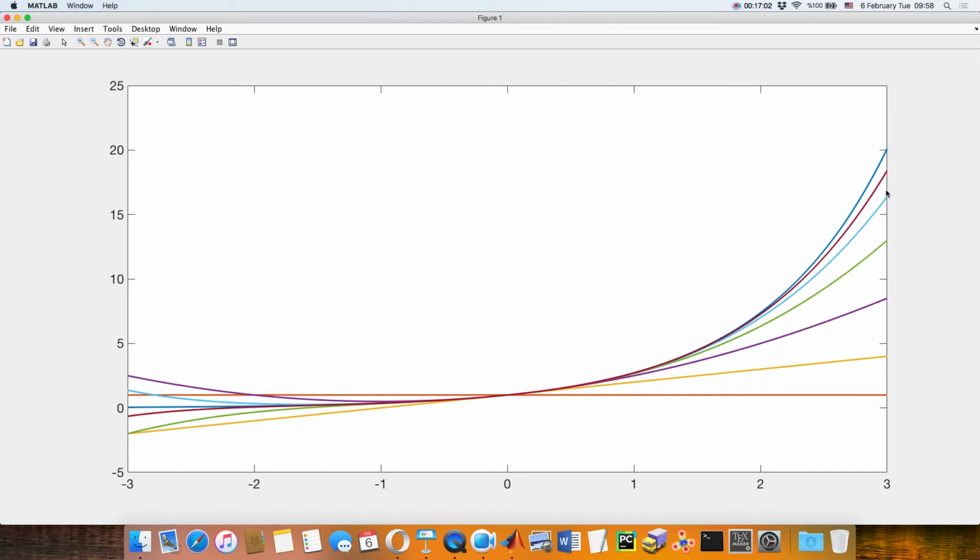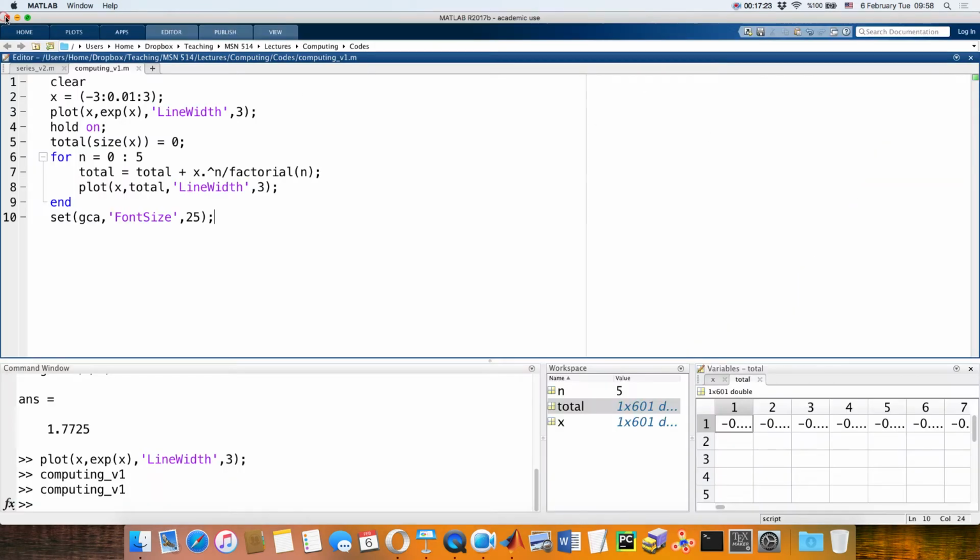Now, it would be awesome if I could write some text here. For example, at least writing 0, 1, 2, 3, 4, 5, and the exponential function. How do you write text inside plots?